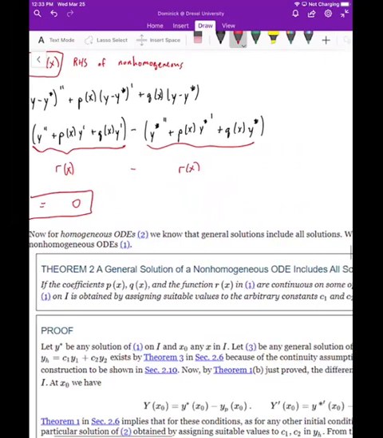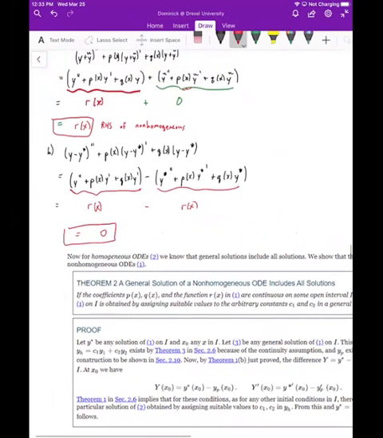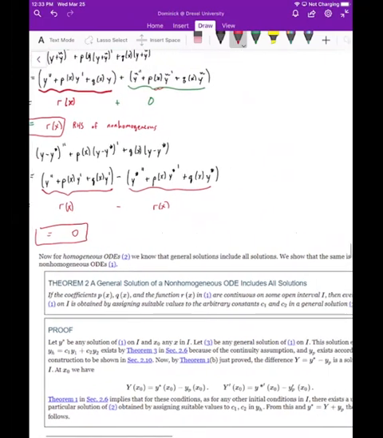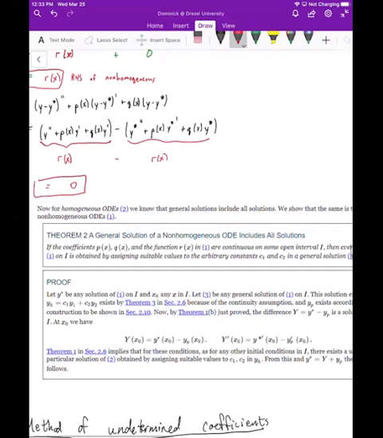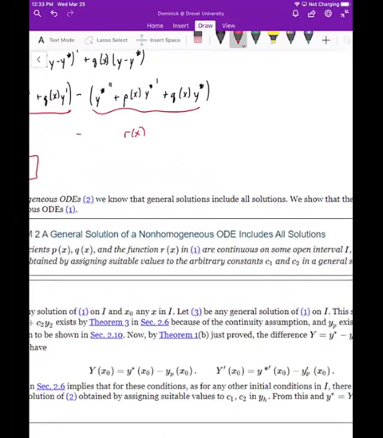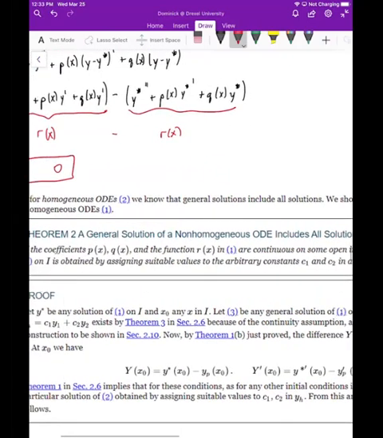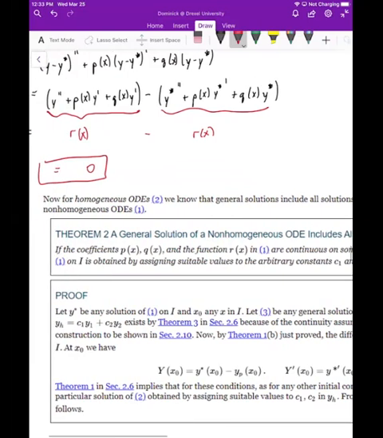So this next theorem basically states that a general solution of a non-homogeneous ODE will, again, include all solutions, similar to what this looked like in the homogeneous video. Essentially what you need is the variable coefficients P of X and Q of X to be continuous.